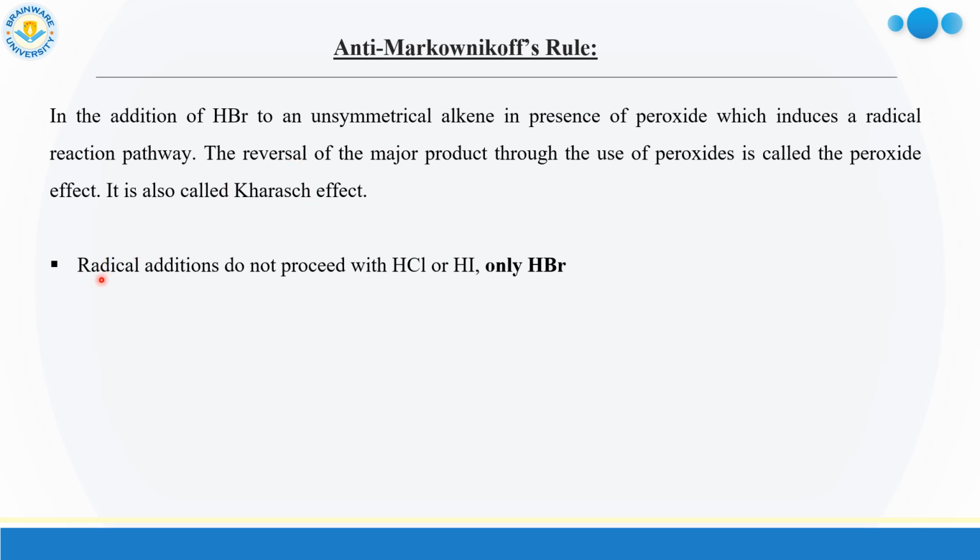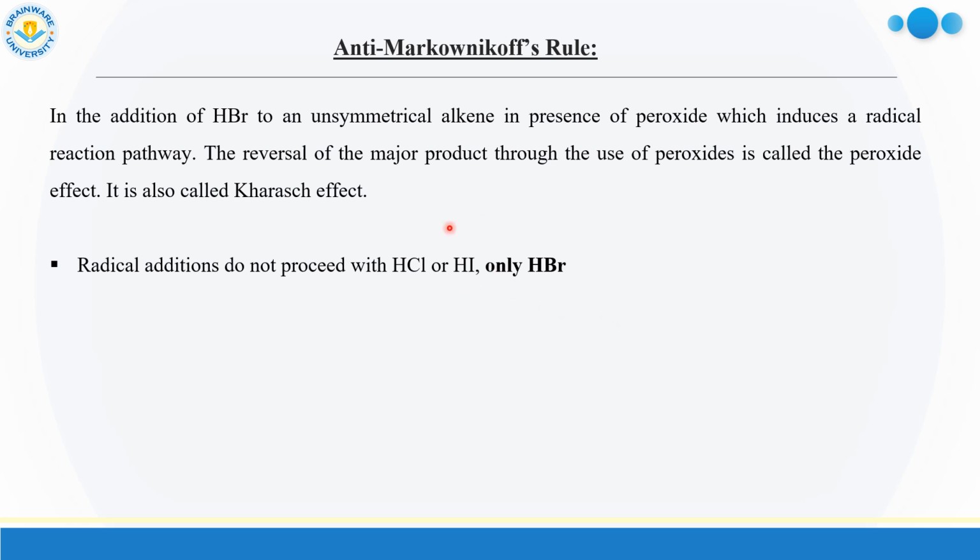But remember, radical addition does not proceed for HCl and HI. It is only used for HBr, because in the case of HCl the bond breaking energy is huge, so it does not proceed to the next step.